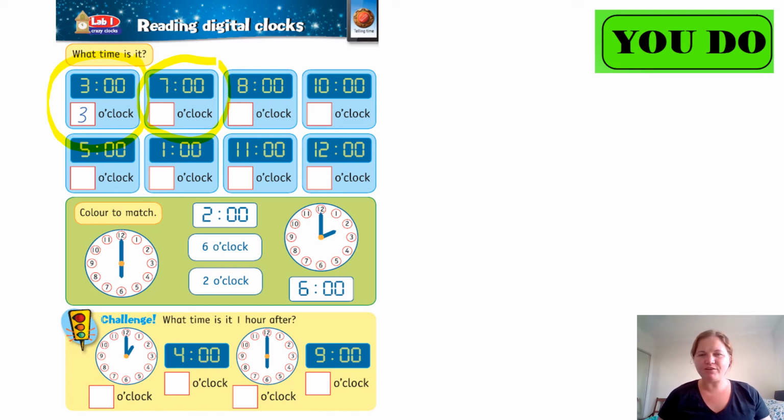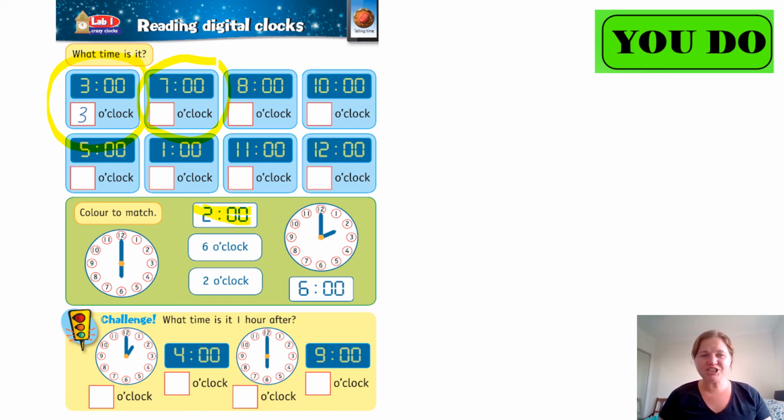So if I could see the digital time 2 o'clock, I need to think, which other clock is showing 2 o'clock? I'm going to give you a little bit of a clue here. You are going to have 3 2 o'clocks and 3 6 o'clocks coloured in 2 different colours.